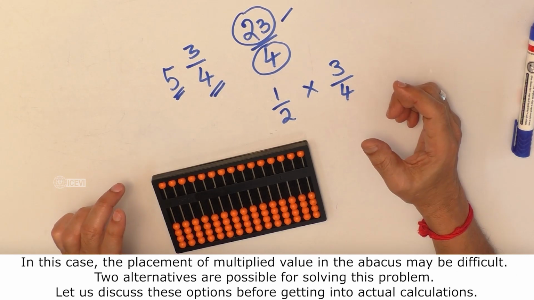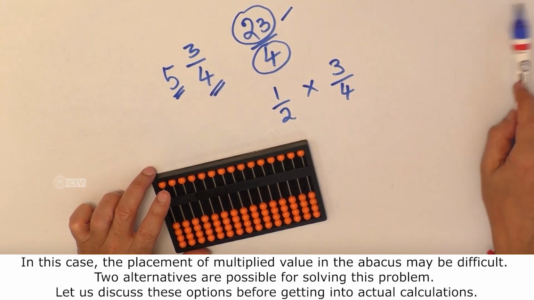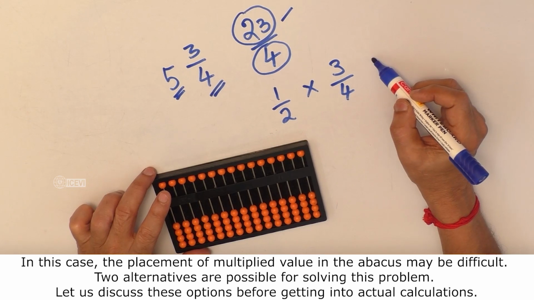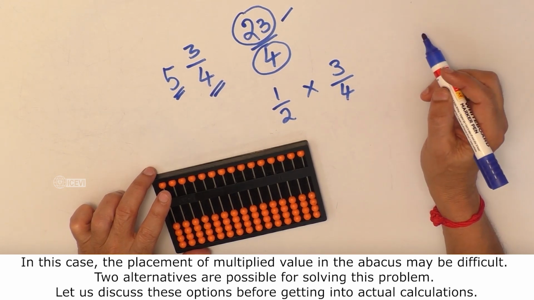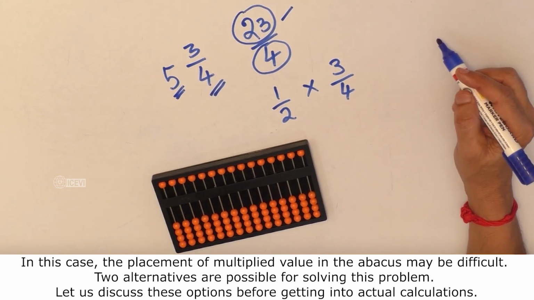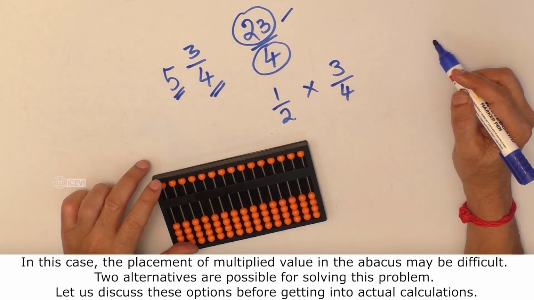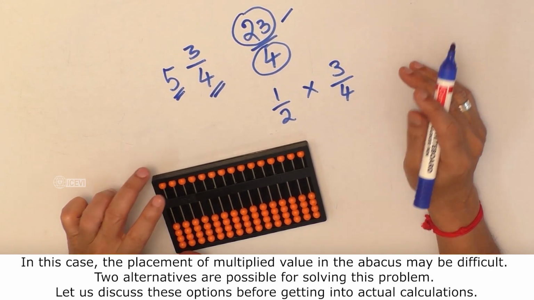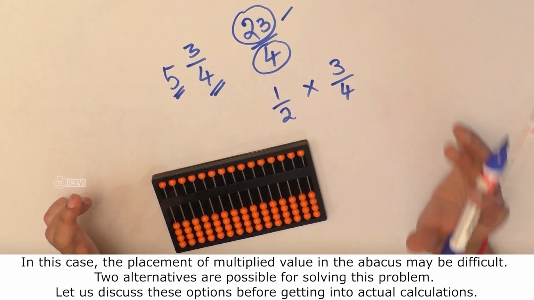In this case, the placement of the multiplied value in the abacus may be difficult. Two alternatives are possible for solving this problem. Let us discuss these options before getting into the actual calculations.